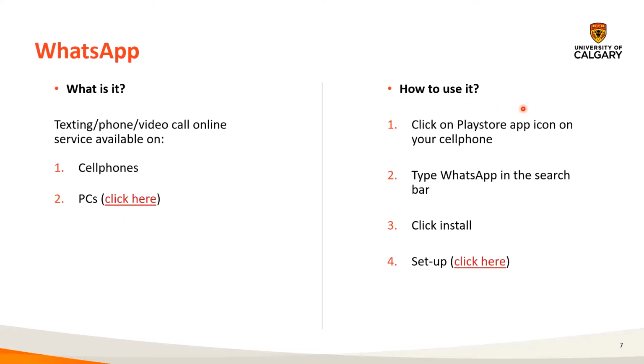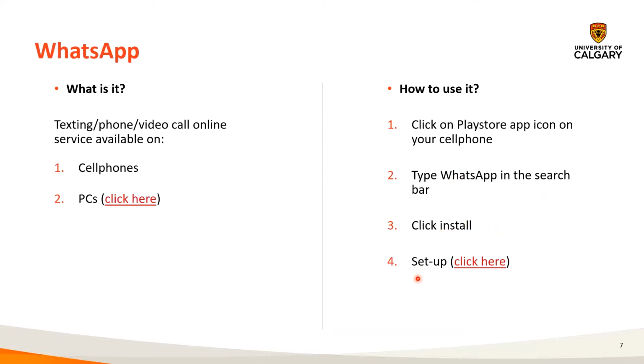How to use it? Well, first of all, like I said before, WhatsApp is mainly used on cell phones, so you have to go onto your cell phone, unlock it, and click on the Play Store app icon. After that, you have to type WhatsApp in the search bar and click install.